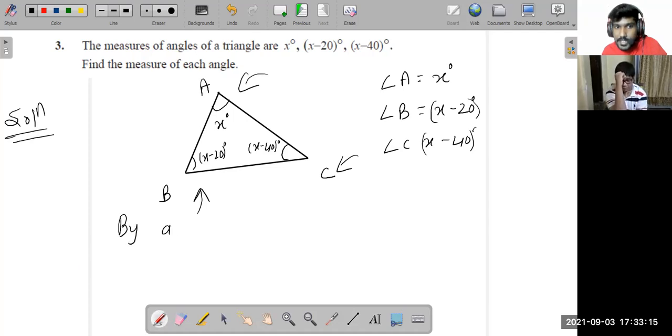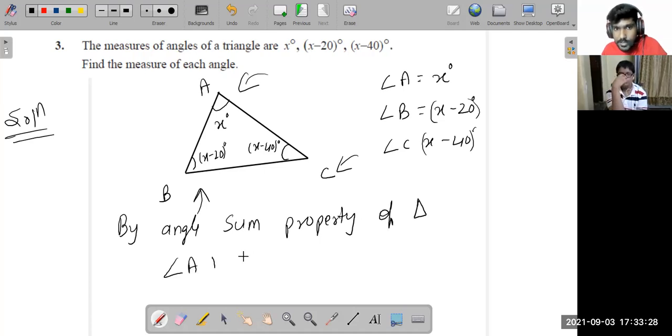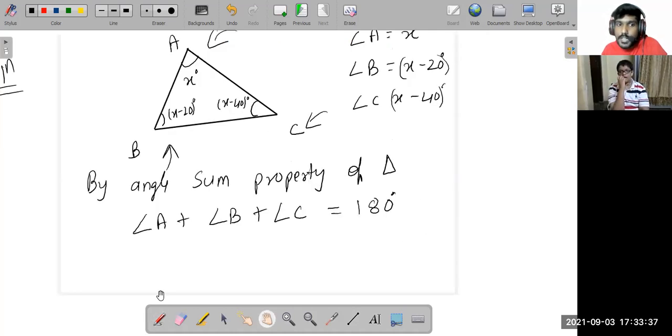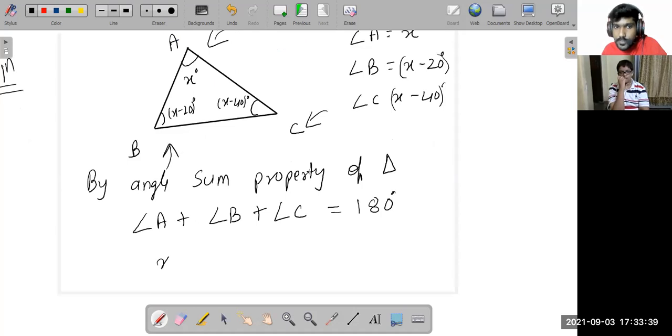By angle sum property of a triangle, you get angle A plus angle B plus angle C equals 180 degrees. Now substitute the values. A is x, B is x minus 20 degrees, C is x minus 40 degrees.